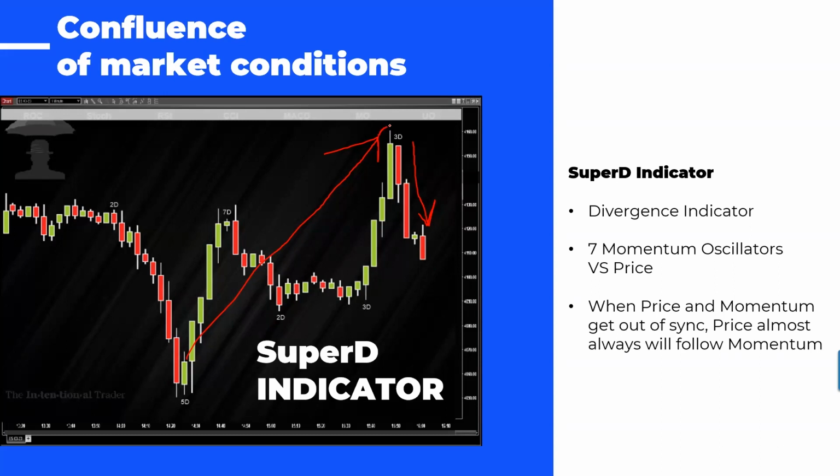Price is going to do everything it can to try to follow momentum. Okay. That's the divergence. That's this right here. Now we have 7 different divergence oscillators inside the Super D. If you see a 3D on the chart, that just means that 3 of the divergence oscillators are saying that there is divergence. Okay. And so we use that in a couple of different ways.